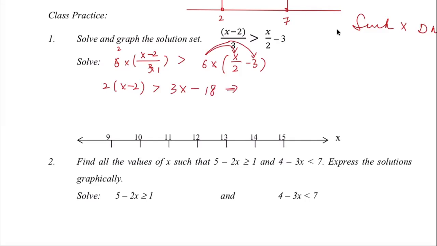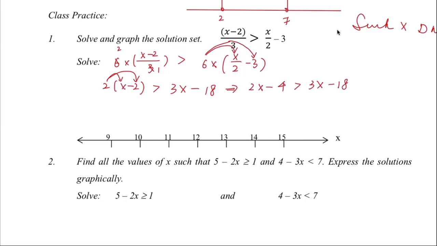Now we solve this inequality. 2 times (x minus 2): here we also use the distributive property. We multiply 2 by x and 2 by 2, so 2x minus 4 is greater than 3x minus 18.